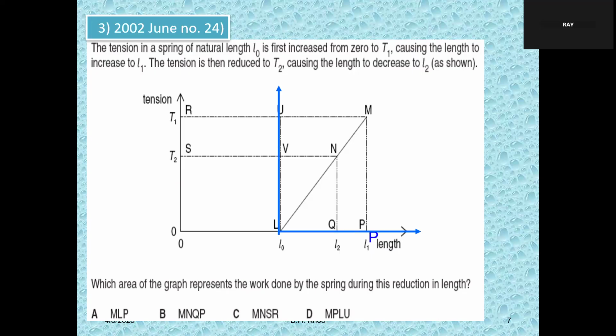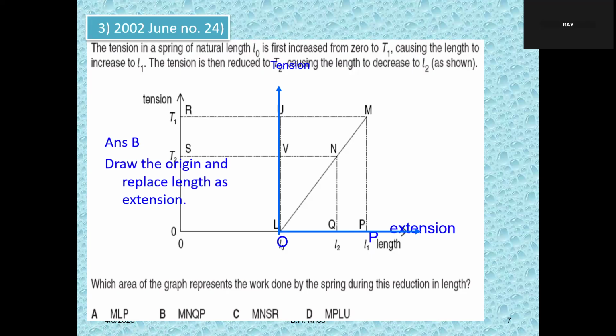You have to redraw the graph. Force or tension against extension. So that's a new graph. Answer is B. That is the area. Okay.